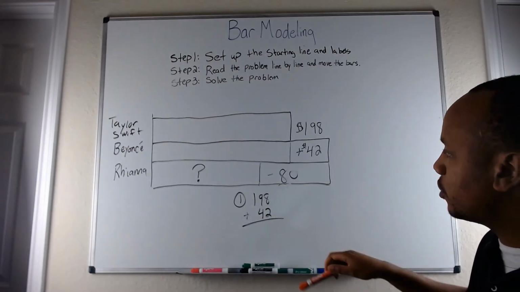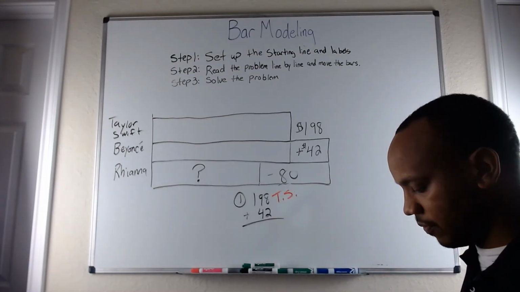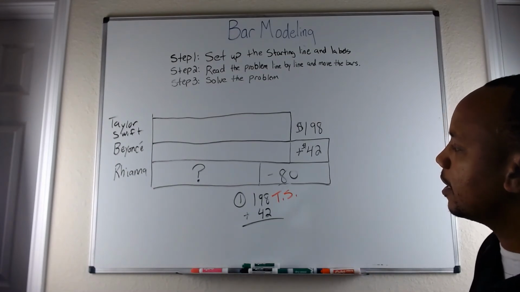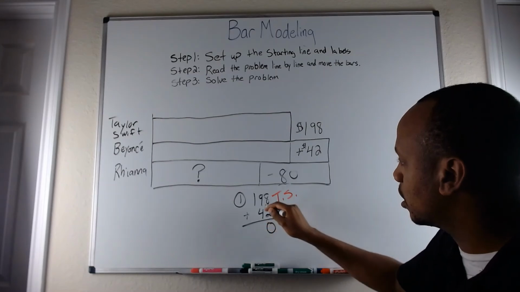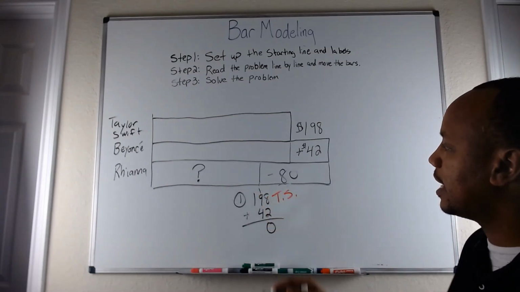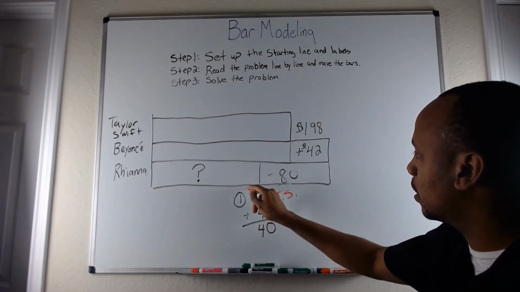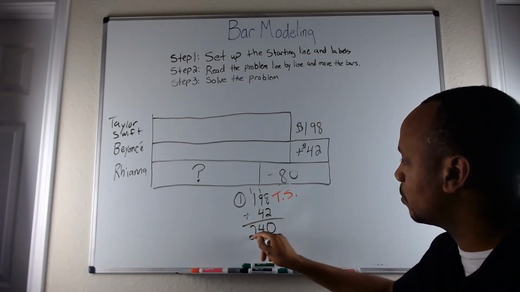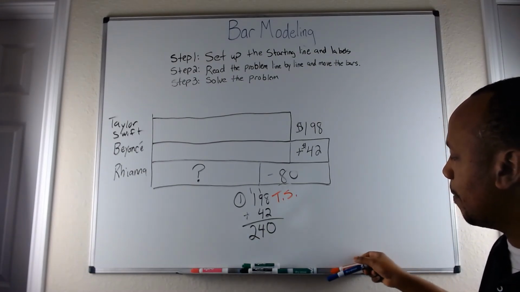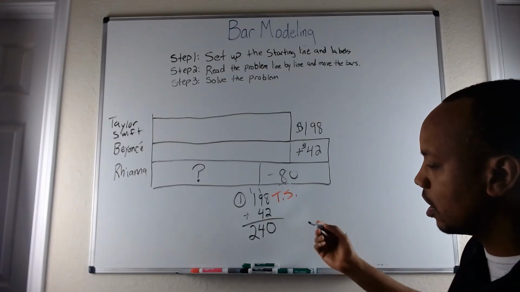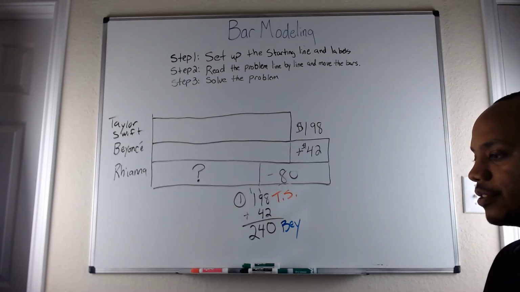Again, $198 is Taylor Swift's plus $42. All right. 8 plus 2 is 10. 1 plus 9 is 10. Plus 4 is 14. And 1 plus 1 is 2. What that means is Beyonce's tickets are $240. Right?